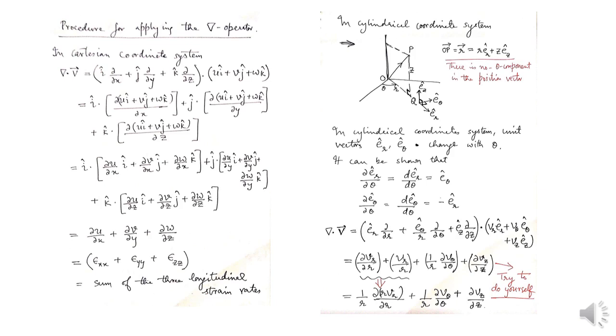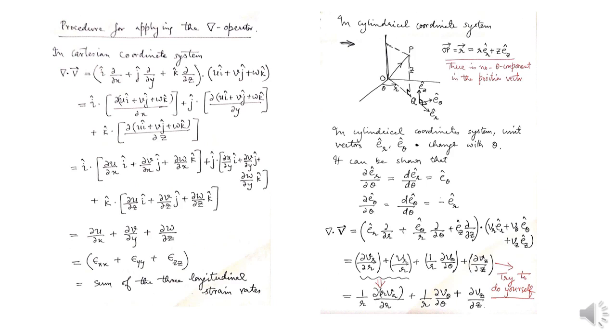So now notice how we open out this operator. We take the first term, i cap del by del x, and operate it on the velocity vector. How do we do it? We just push del by del x onto the vector function. So we just write the del by del x of the vector function and retain the dot product as it is.